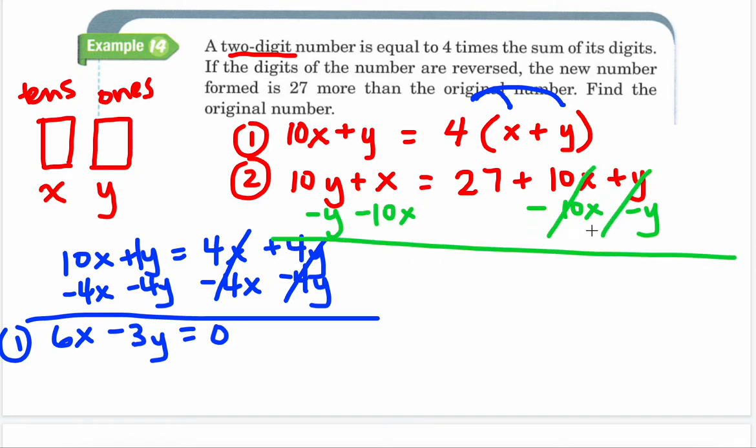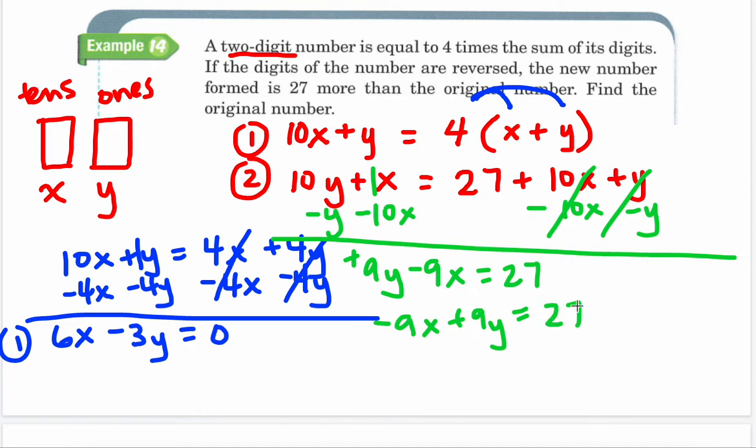So these cancel, I'm left with 27, and then I have 10y minus 1y is 9y, and I have 1x minus 10x is negative 9x. Let me switch these around so later on I can stack them. Negative 9x plus 9y, because this is a positive, equals 27. Let me write that negative clearly. So this is my first equation and my second equation now. And then I can use the elimination method.